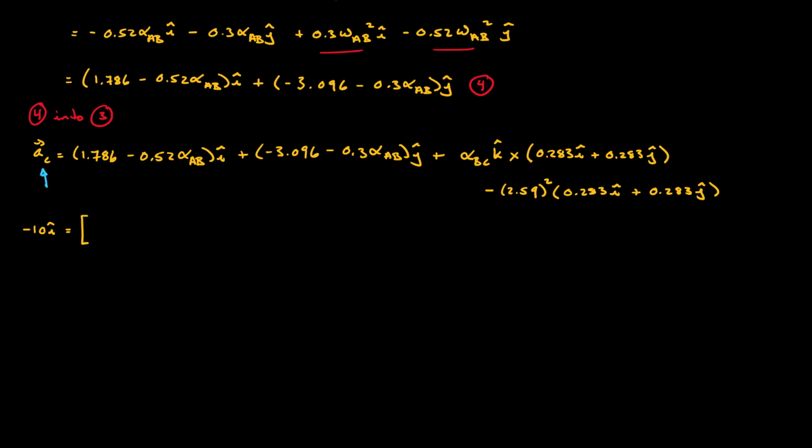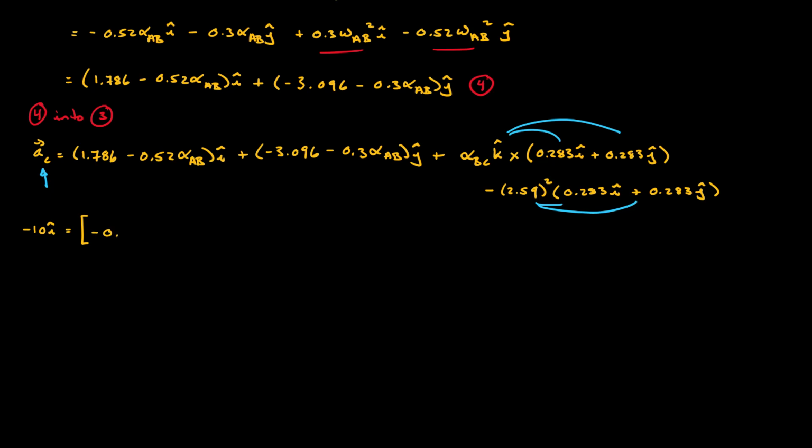And then we'll group i and j terms together and carry out our cross products over here and carry out our multiplications over here. And I will give you the intermediate result.